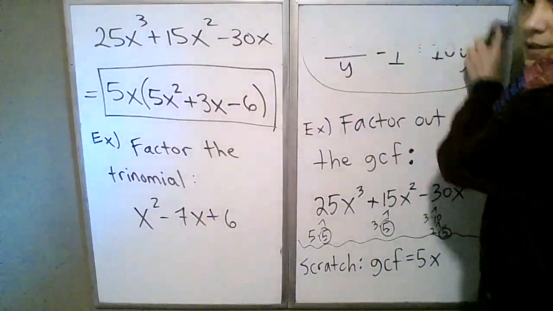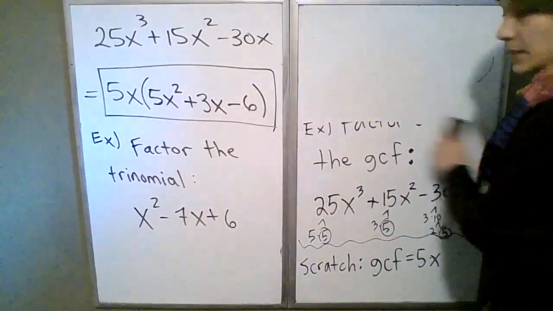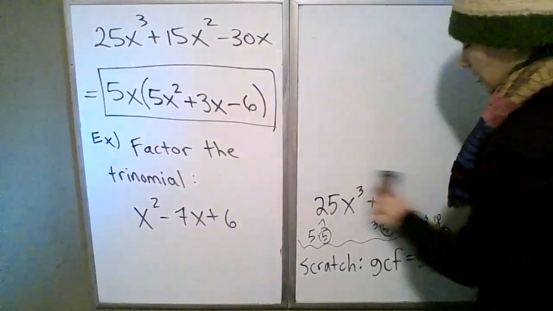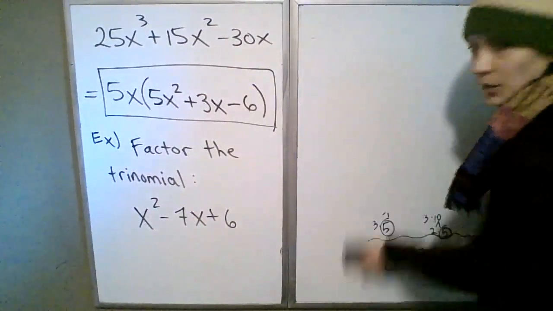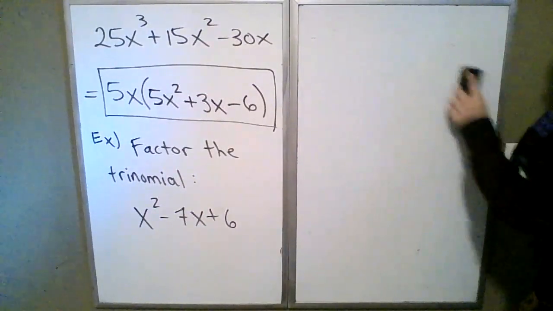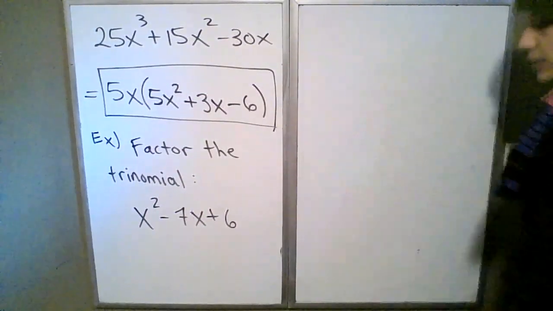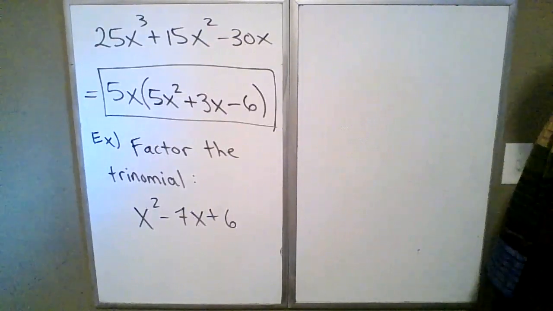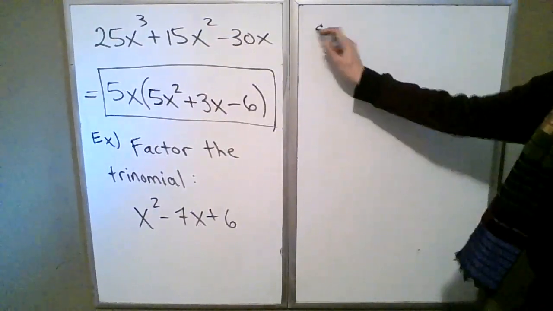So the first way we're going to do this is with the diamond. And when I do both of these problems, I'm not going to skip to the answer. I am going to go through all the scratch work.